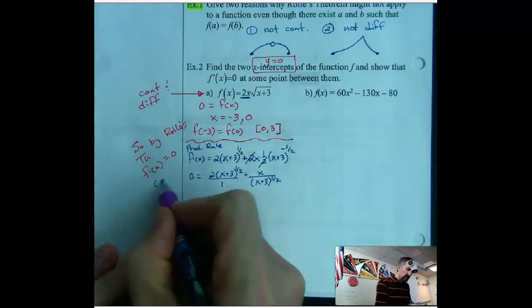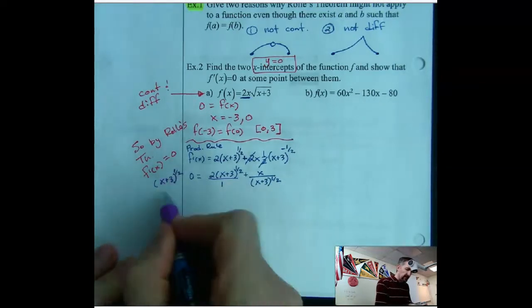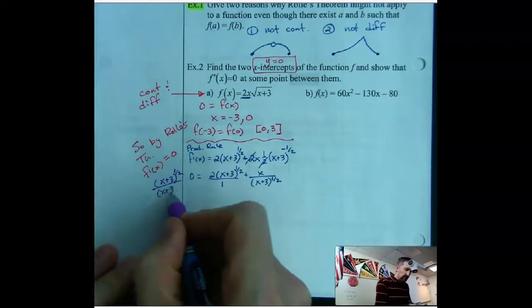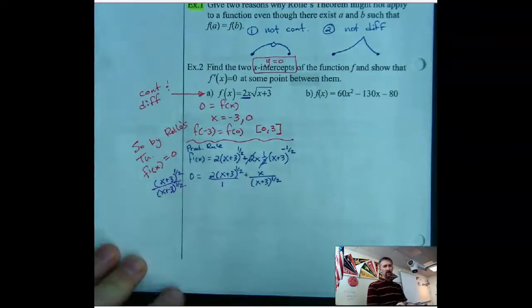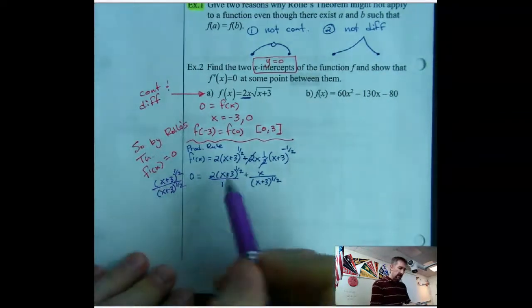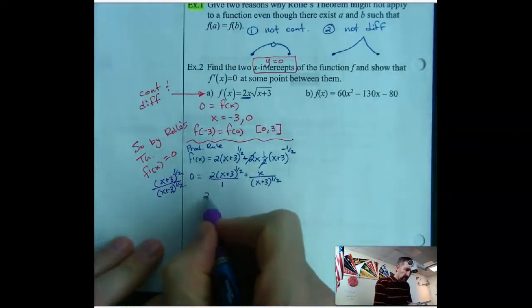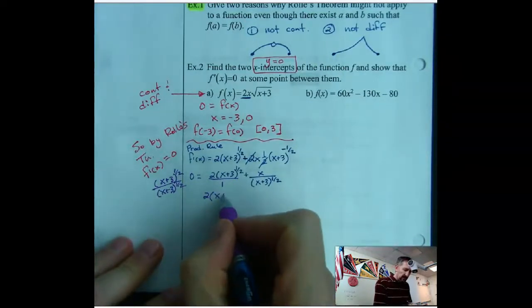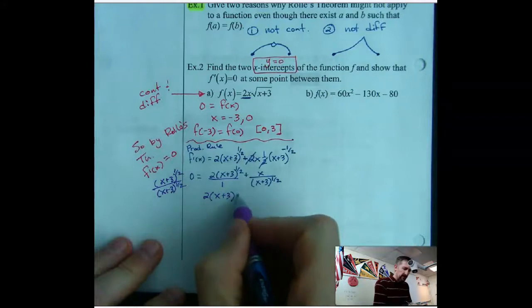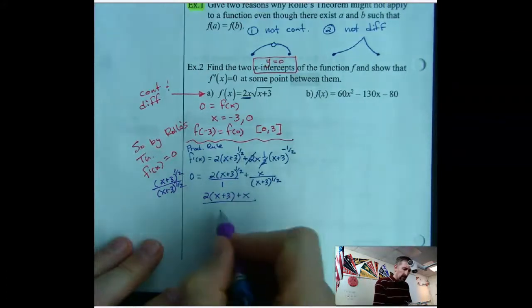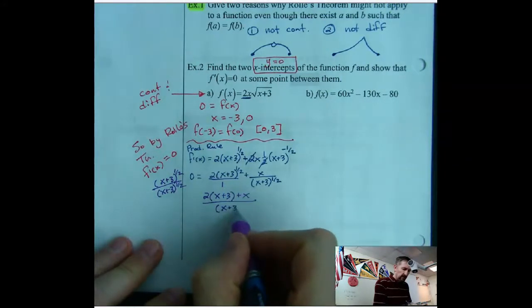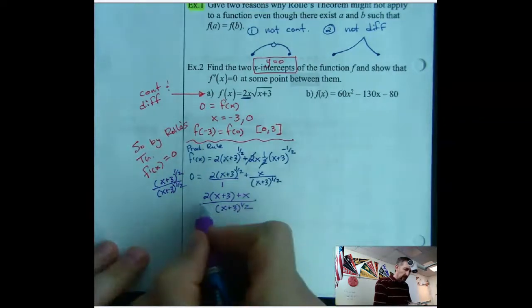So I'm going to multiply by x plus 3 to the 1/2 over x plus 3 to the 1/2, because that equals 1. And when I do that, it's pretty nice. This happens a lot in calculus. Stuff simplifies nicely. So we're going to end up with this.